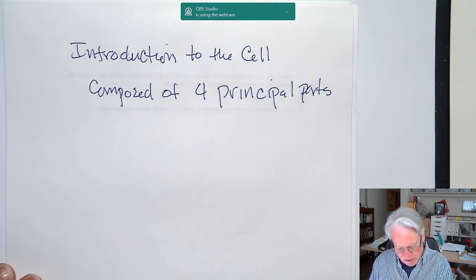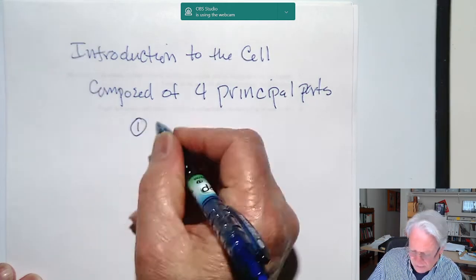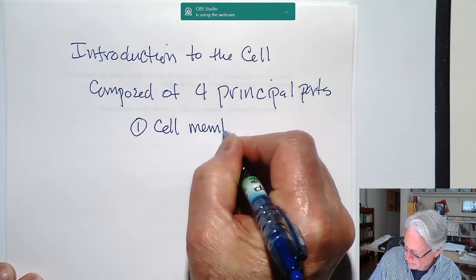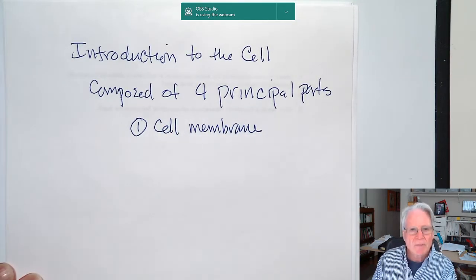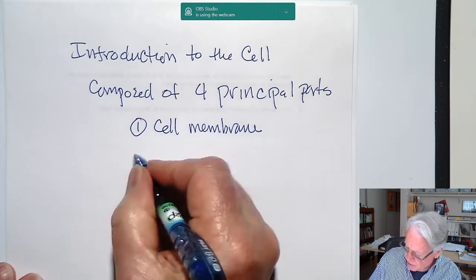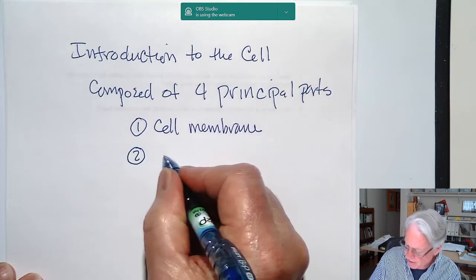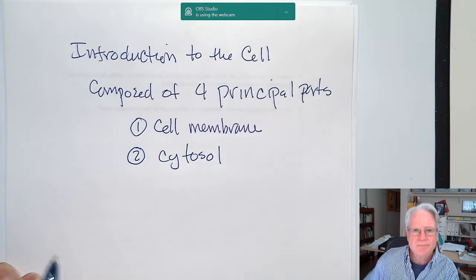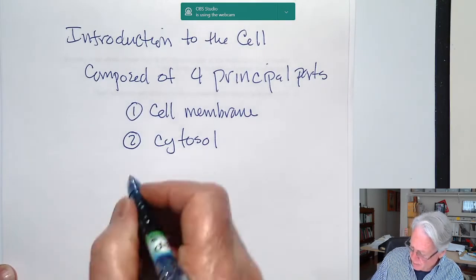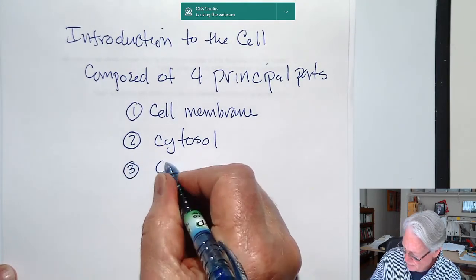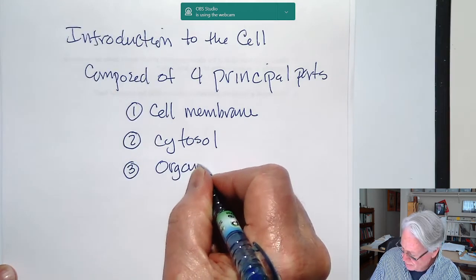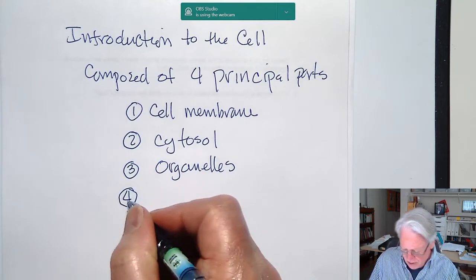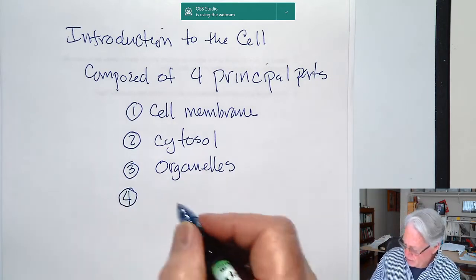The principal parts are, number 1, the cell membrane. Number 2, something that is referred to as the cytosol. Number 3, organelles. And the 4th one, as you will see, is the nucleus.